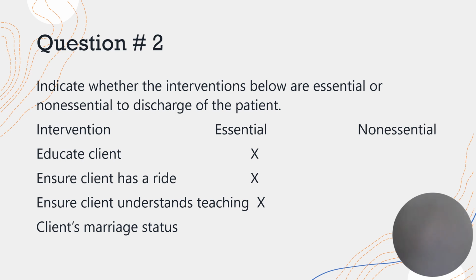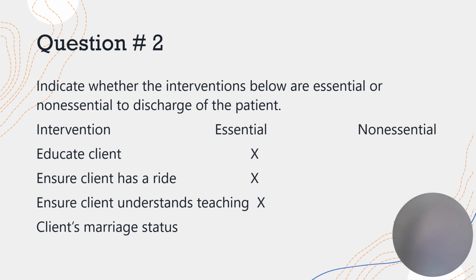Question number 2. Indicate whether the interventions below are essential or non-essential to discharge of the patient. Educate the client. Ensure client has a ride. Ensure client understands teaching or client's marriage status. We need to educate the client on the medications, their diagnosis, what to look for, the symptoms to report if they have them. We have to ensure the client has a ride, and we have to ensure client understands the teaching.